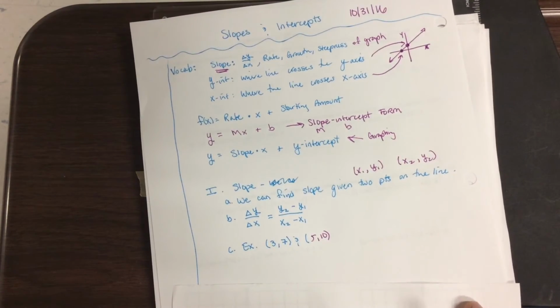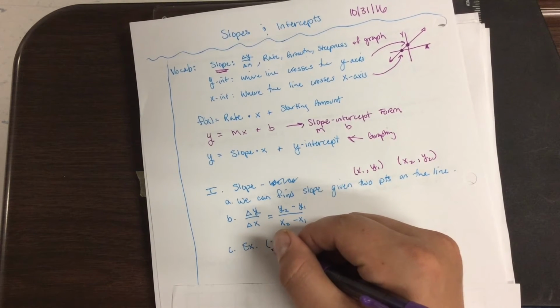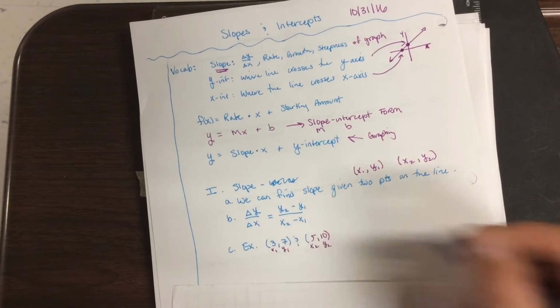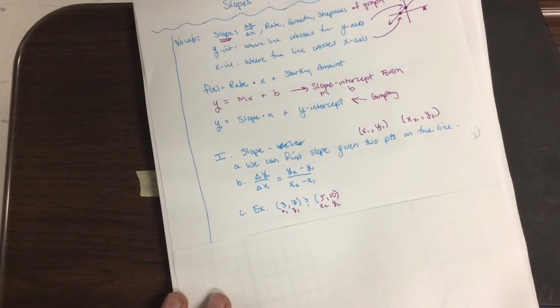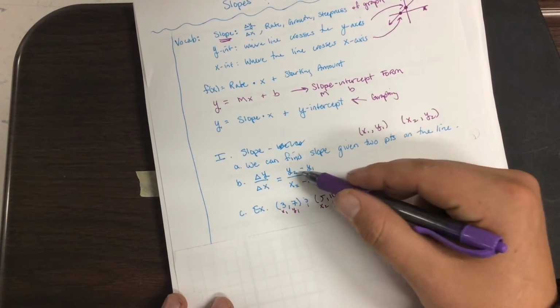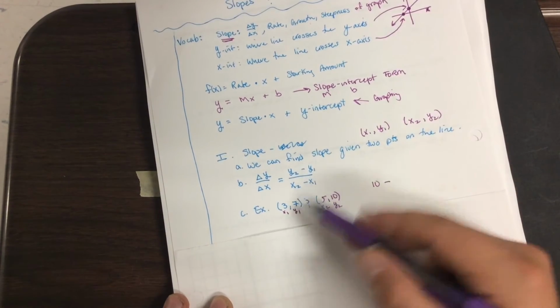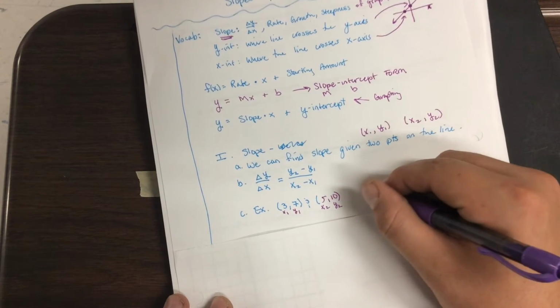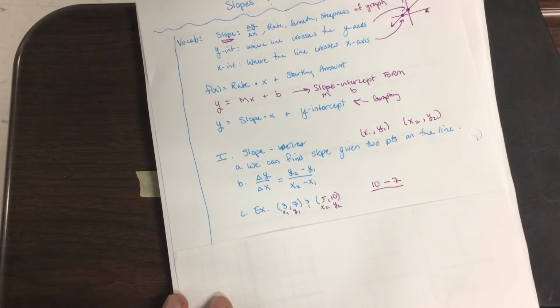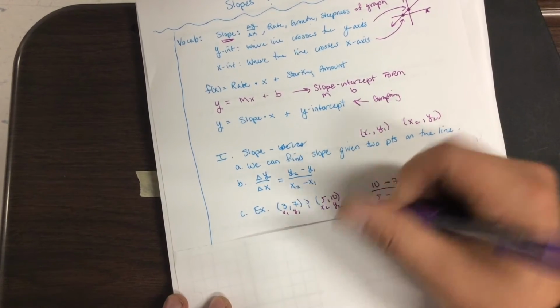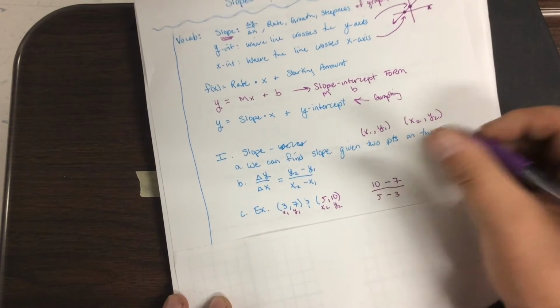So let's just use our formula. If we label this as x1, and this is y1, and this is x2, and this is y2, then we're literally going to just plug this in. So y2 was 10, y1 was 7, all of this is over x2, which was 5, minus x1, which was 3.